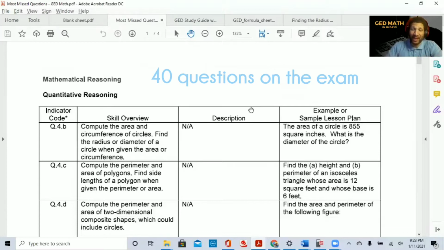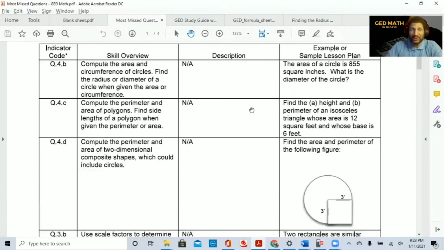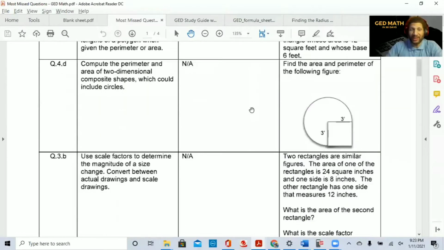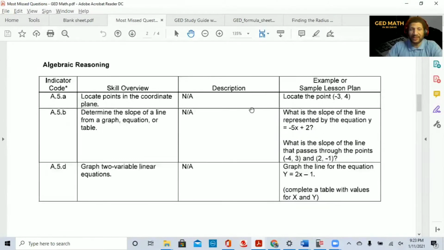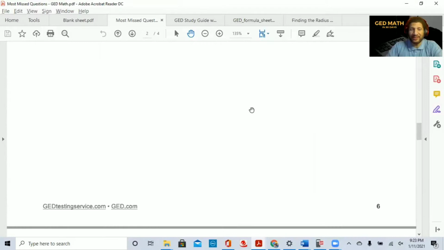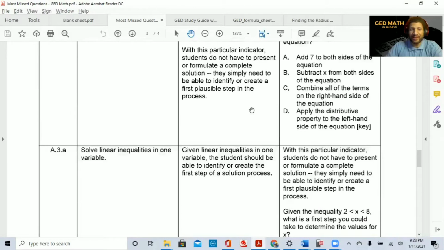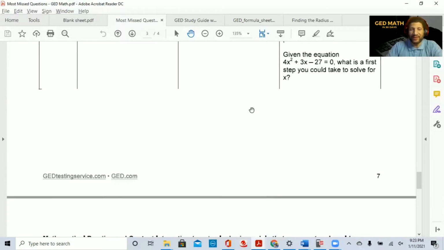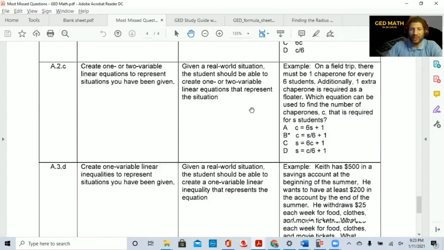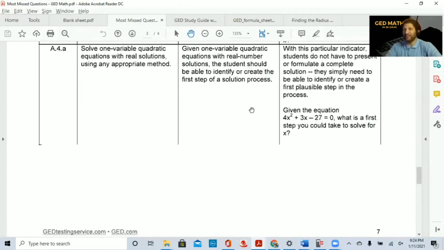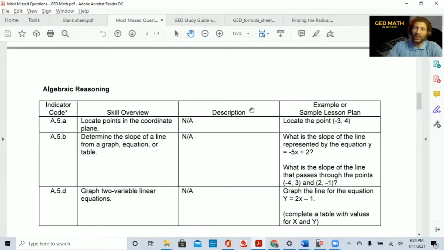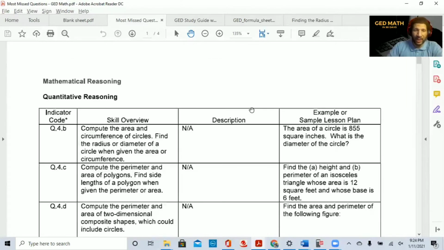Now, let's count how many are on this list that GED distributed themselves: 1, 2, 3, 4, 5, 6, 7, 8, 9, 10, 11, 12, 13, 14 problems. So today we'll be doing the first problem.